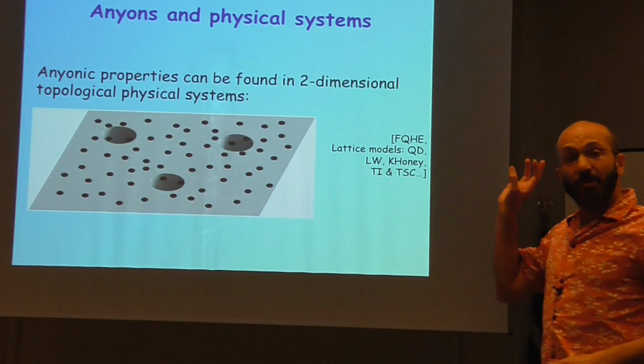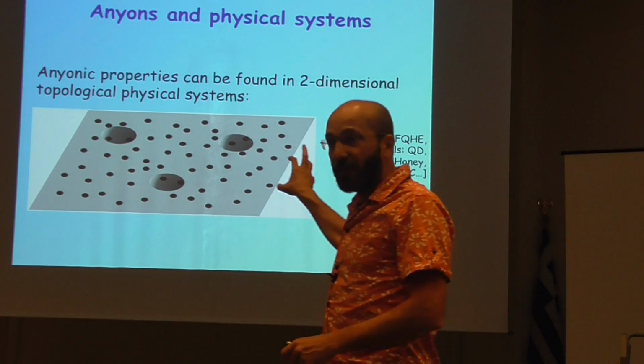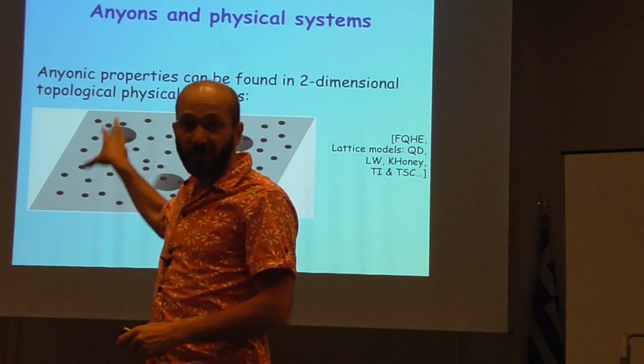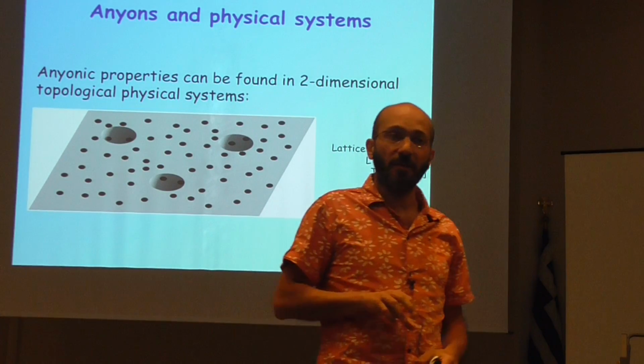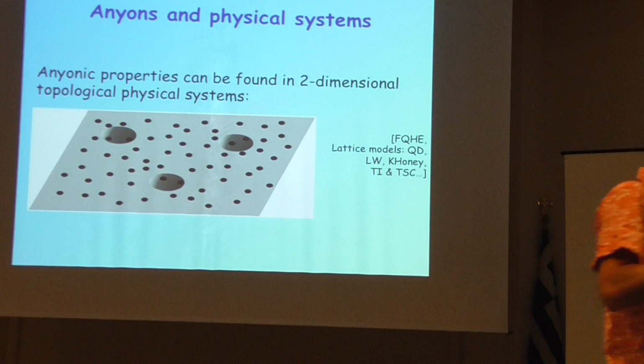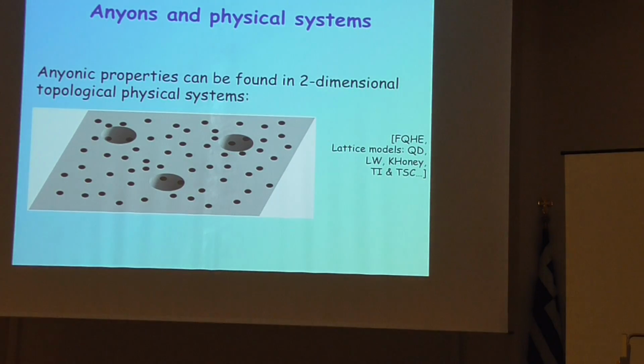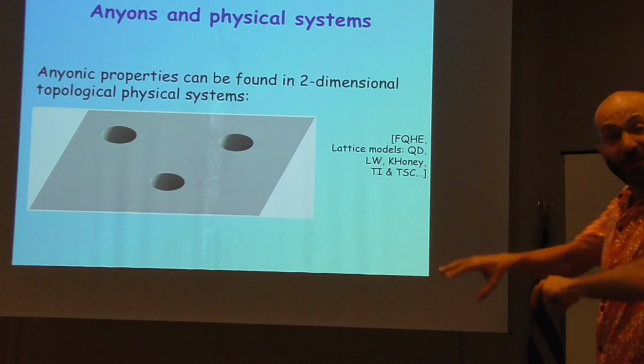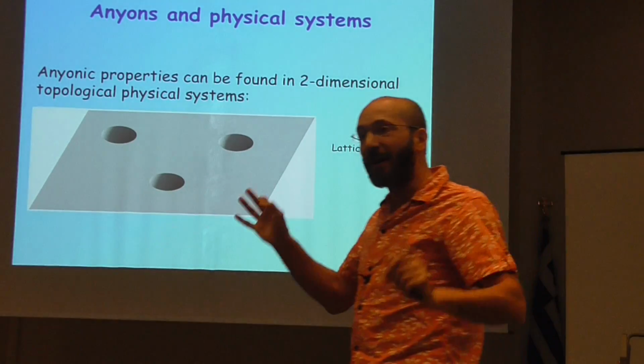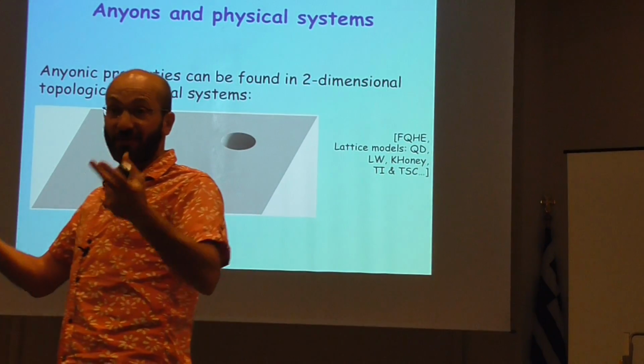And next, we can identify some local properties of these objects, like vortices. Okay? Some vortices quite often does a good description. And these vortices will be the anions that we're interested in. And we can forget about the little particles in the background that create the vortices.